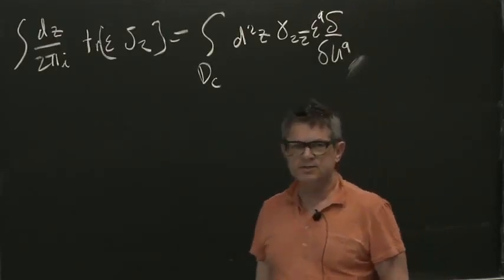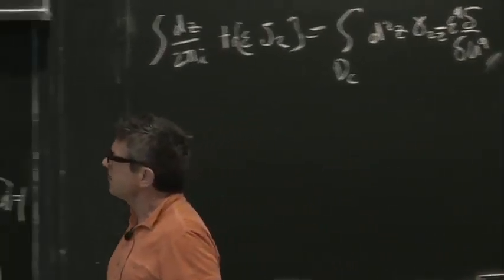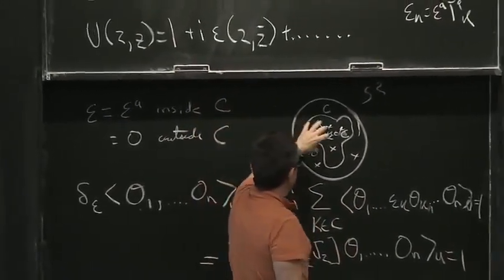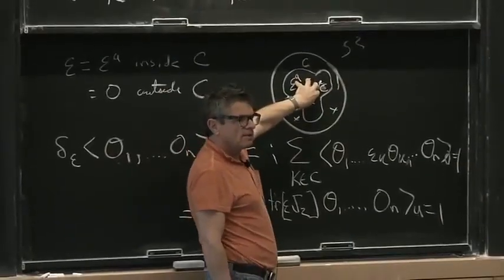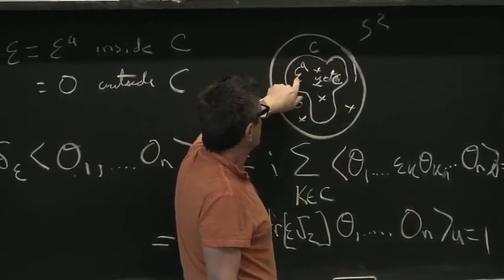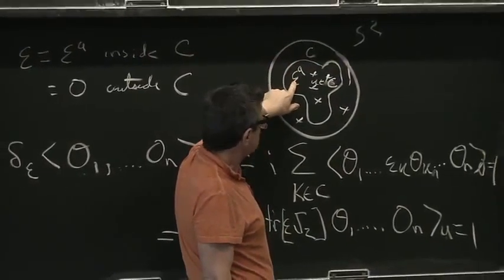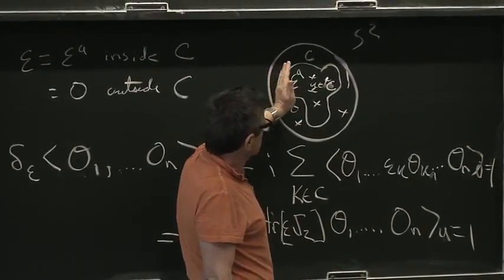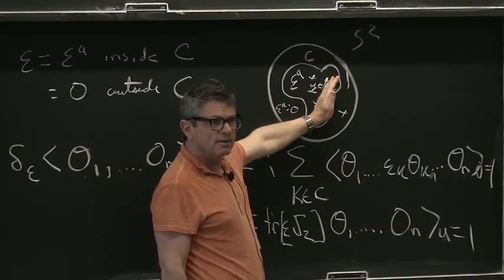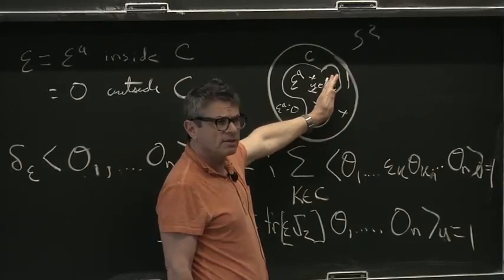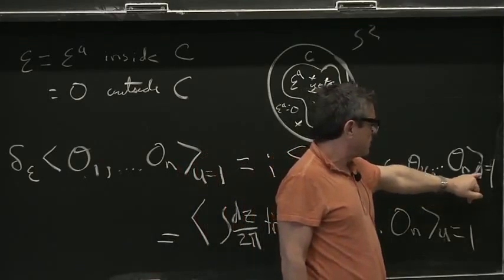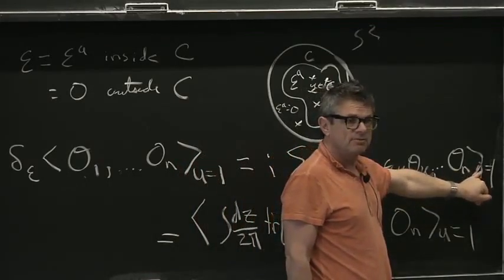In other words, if I integrate j around a contour, that is equal to the insertions of integrals of j around the contour C weighted by ε. They generate large gauge transformations on the boundary. They are the infinitesimal generators of large gauge transformations on the boundary, which are characterized by this flat connection U.